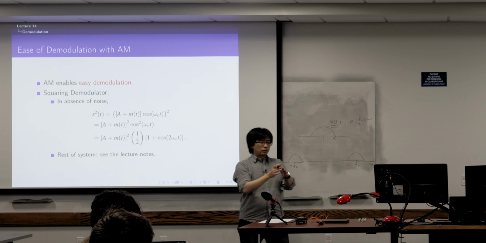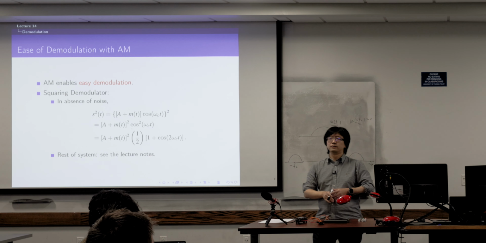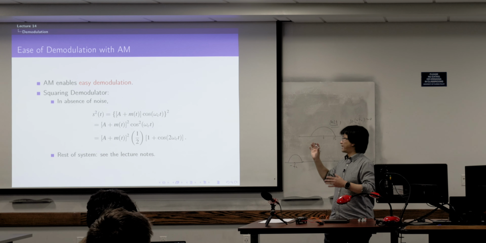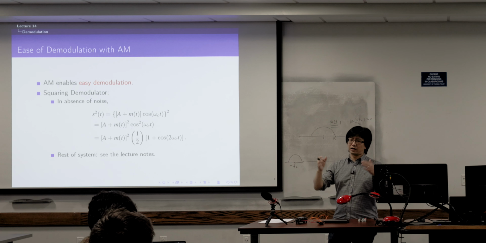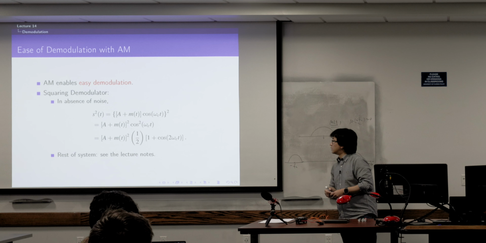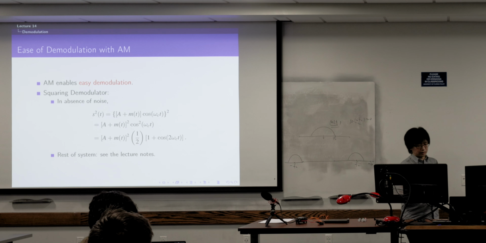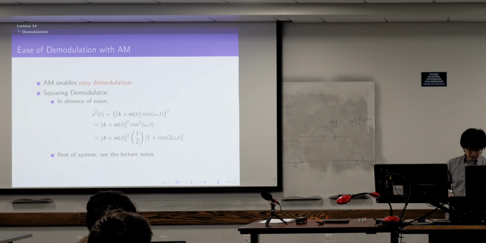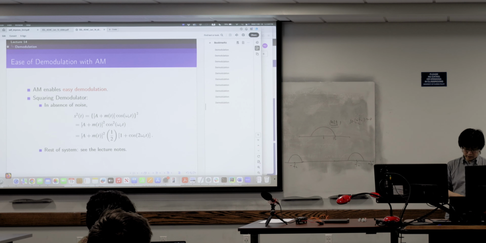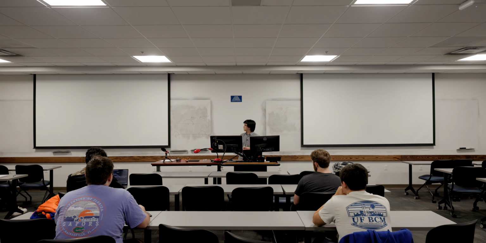So we need a wider bandwidth LPF, or, if we transmit that in a realistic channel, we need the channel bandwidth to be bigger. That's the downside of this demodulator. That is basically what we covered last time. Any questions?